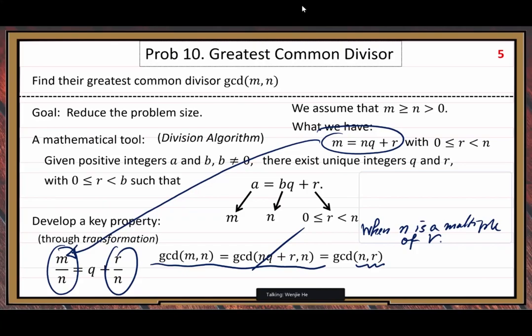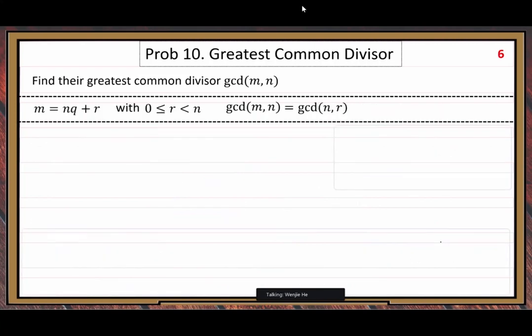So now we are ready to write the recurrence relation. So next, based on this key formula, let us derive our recurrence relation.